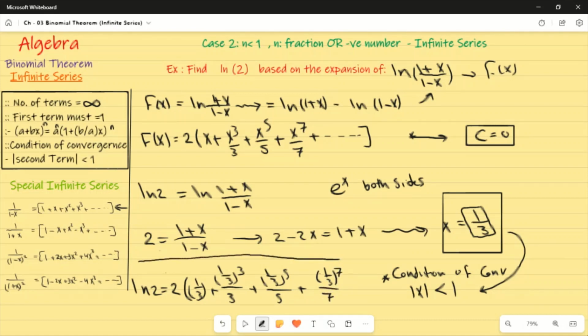And this is ln 2 based on the expansion of the expression ln((1 plus x) by (1 minus x)). I hope this point is clear. You must make sure the x value is in between the domain boundaries of the condition of convergence to substitute with it. I hope that's clear, and thank you.